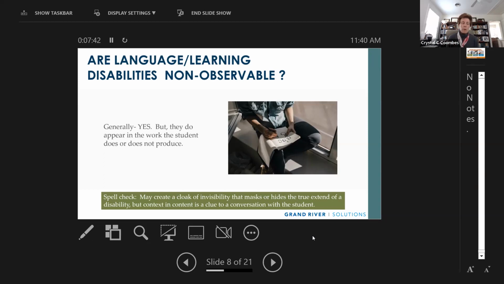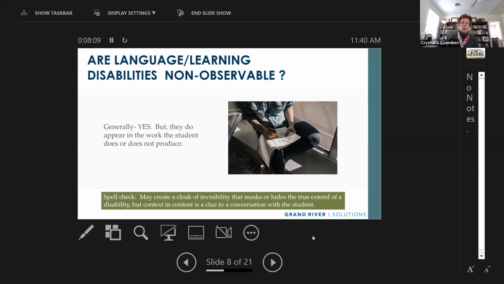Now with computers and spell check, it's kind of hard if a student's been able to really learn how to spot problems in spelling. Spell check helps them with that. But spell check doesn't help them with content and context. So I use the example of peek, peak, and pique. Spell check is not going to know the difference in context of those 3 words.